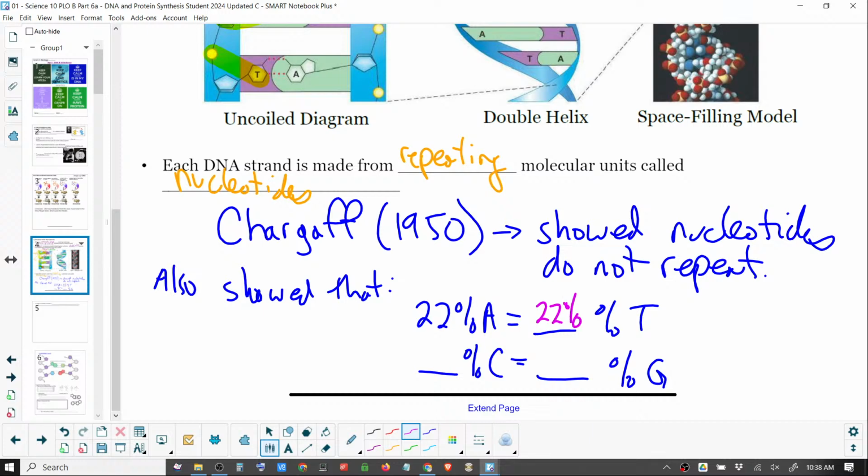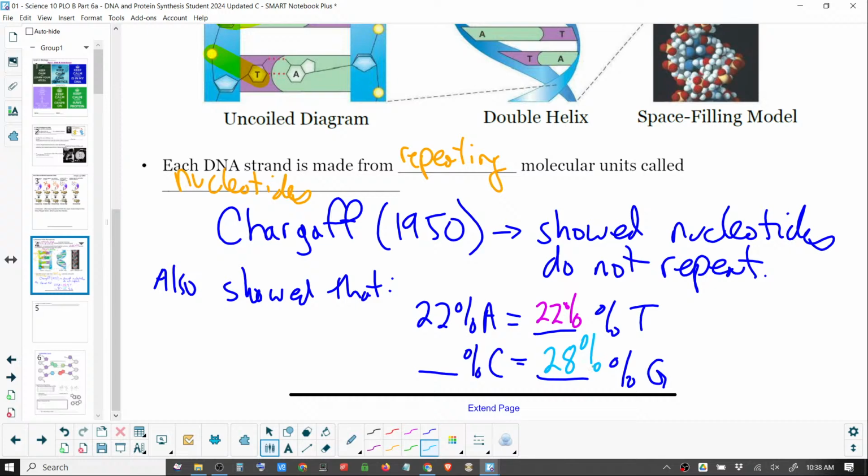What must C and G then be? If this is 22% and that's 22%, what does the whole thing have to add up to? 100. What's left? So 28%.